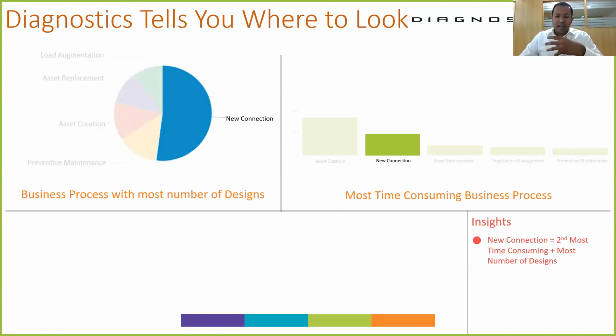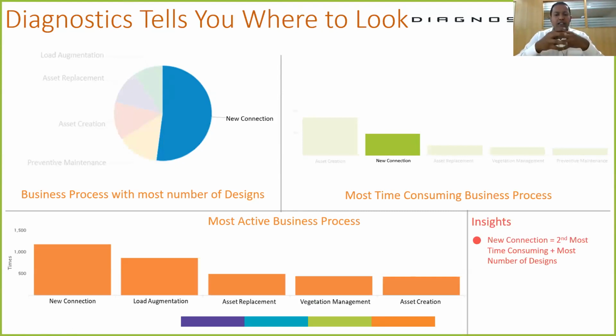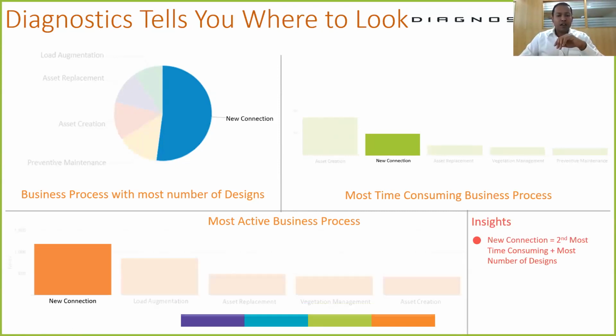Now there is a third dashboard which will give me an insight on the business process in which users are most active. Here again, I see that new connection is the most active one, which also gives me my second insight. Now, the insights being that new connection has the most number of designs, it is also second most time consuming, and it also is the most active business process in my GIS environment.